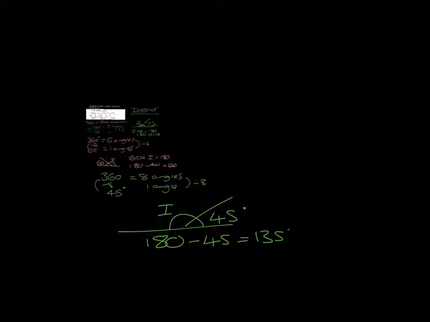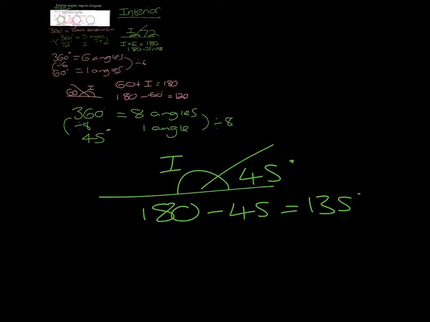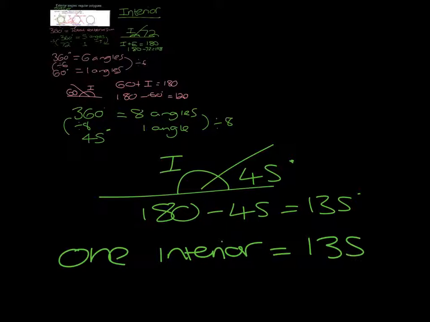Now, a final thing you could do with these shapes, especially if you know the interior angle, if we know that the interior angle of a shape, so for example if we look at the octagon, one interior angle equals 135 degrees.